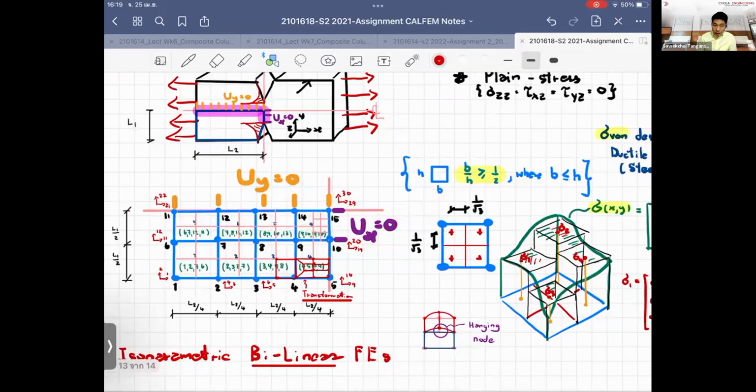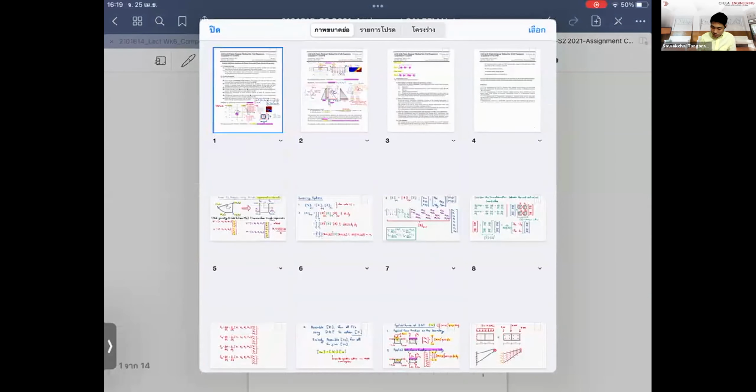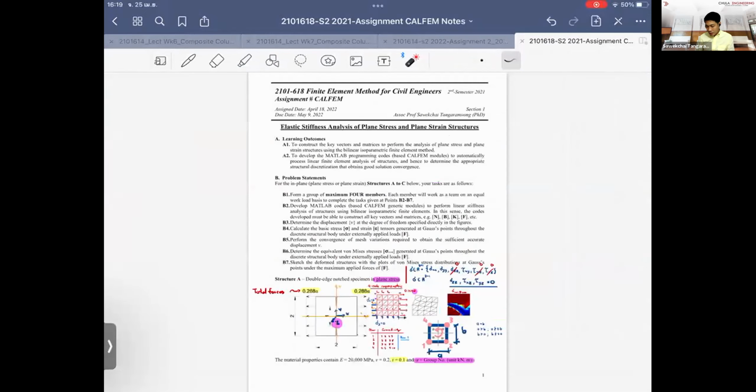So if we're looking at our problems, what I suggest to you is that in this case, because it's quite simple, you can just try and subdivide the element by using uniform discretizations. So you might start from the 4 and you subdivide them to be 16, and you times 4 again until you get more accurate results.